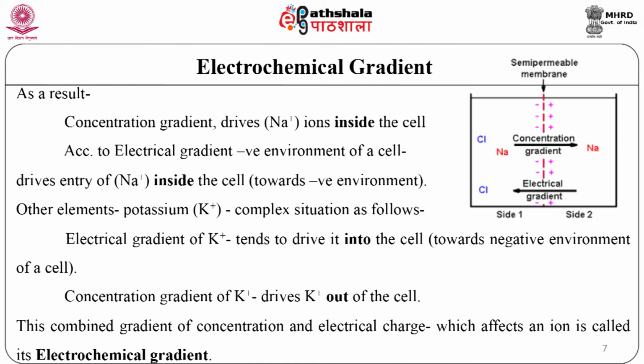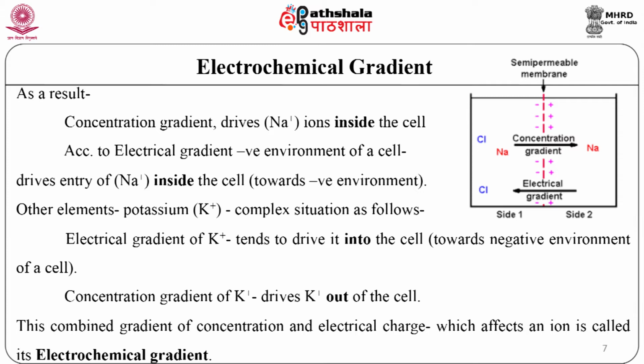At the same time, cells possess higher concentration of potassium and lower concentration of sodium than that of the extracellular fluids. Therefore, in a living cell, the concentration gradient of Na+ tends to drive it into the cell and the electrical gradient of Na+, that is a positive ion, also tends to drive it inward to negatively charged interior. This makes the situation more complex for other elements such as potassium.